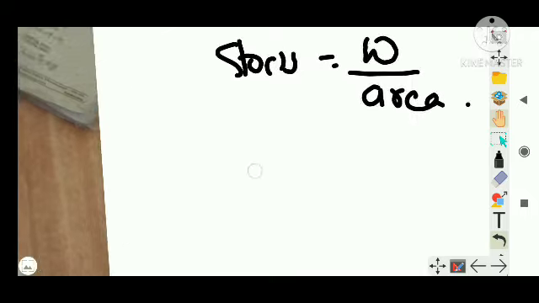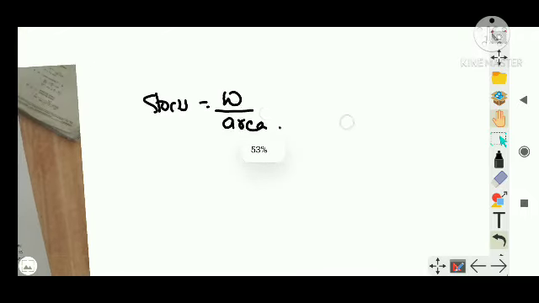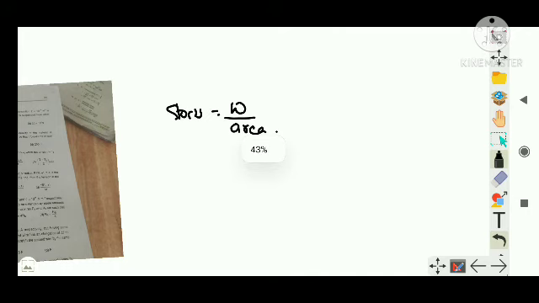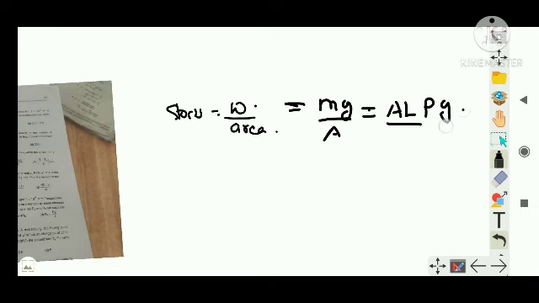So the stress is given by what? The force per unit area, which I will write now as weight by area. And the weight is mg by A. Now density is given, so I have to write mass in terms of density. Mass is equal to volume into density. Here I will write area into length as volume, into density into g, divided by A. Now A cancels. I can write stress is equal to L rho g.